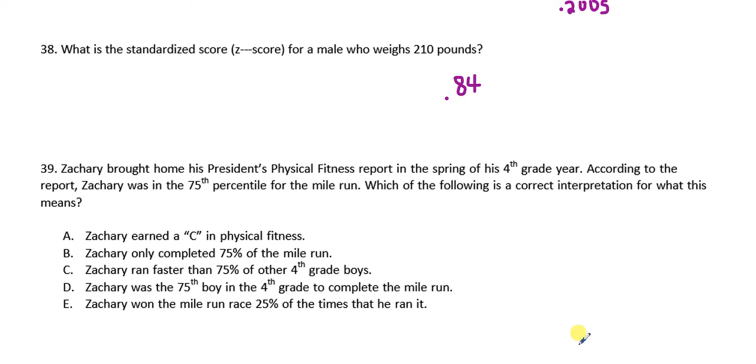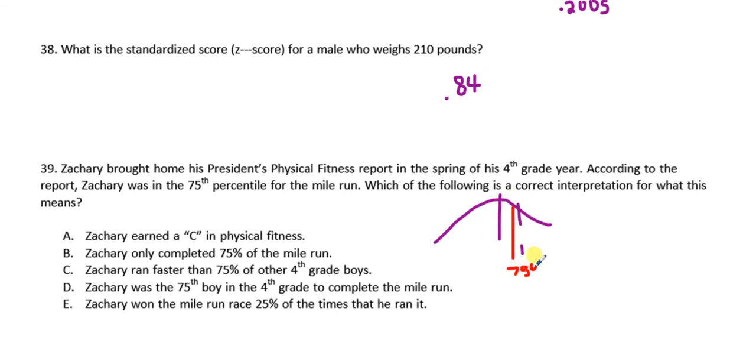75th percentile. So here's your table. Remember, it's 68% in between. So here at 1 standard deviation, that's the 84th percentile, and he's about right here. He's at the 75th percentile.